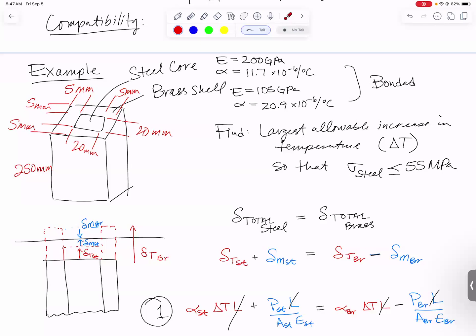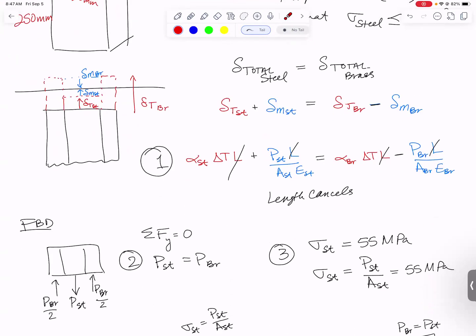It is very, very helpful in solving these problems to recognize which one wants to expand more and get this picture right. It also is very helpful if you can get some kind of a free body diagram sketch to help you recognize which one's going to be in tension and which is going to be in compression. Hopefully you found this additional thermal expansion example helpful.